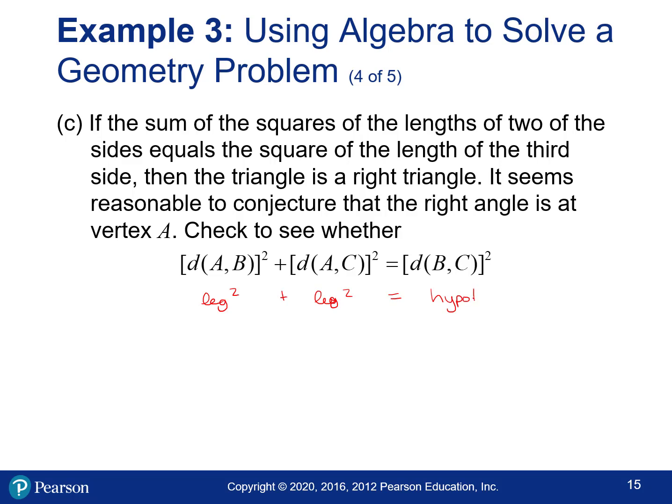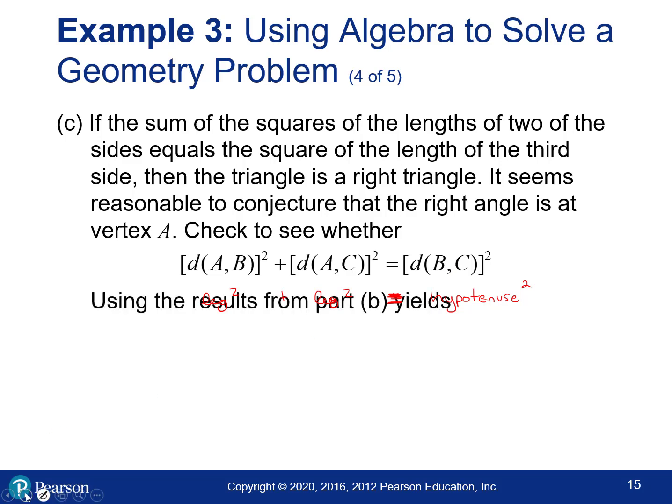I'll write it out this time. Hypotenuse squared. And if you aren't sure which ones are legs, they're the shorter two. The hypotenuse is always the longest, every time. So if this equal sign stays valid, like if we don't have to cross it out because they're not equal, then this is a right triangle.